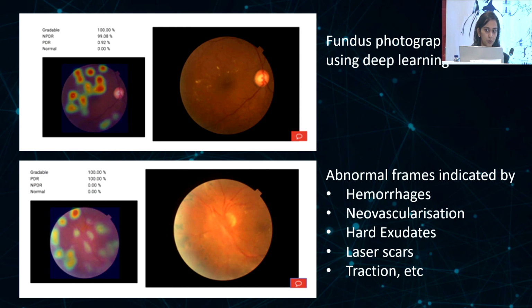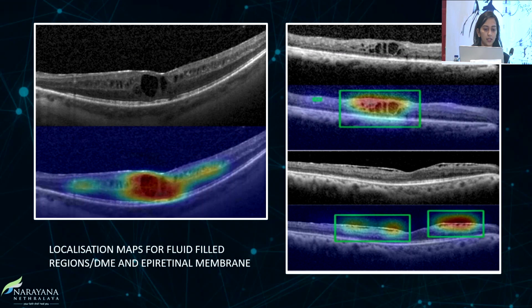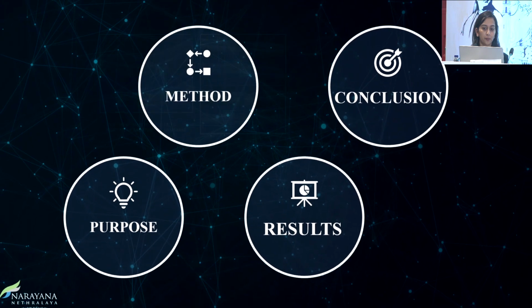These were the fundus photographs that we used. The hotspots were marked, and as you can see, the abnormal findings like hard exudates, neovascularization, or laser scars were identified by the model. And these are the localization maps for fluid-filled areas and epiretinal membranes that the AI model can now recognize.